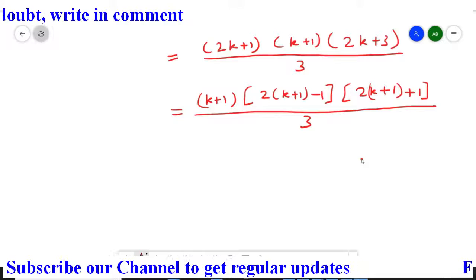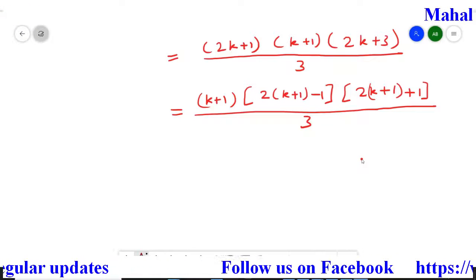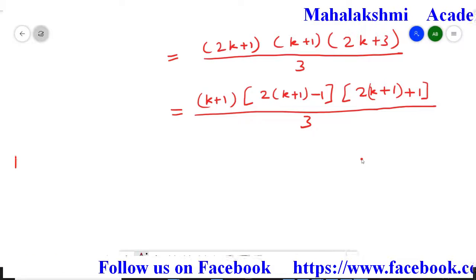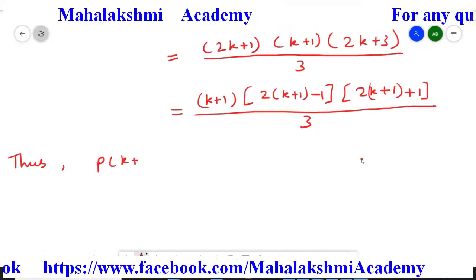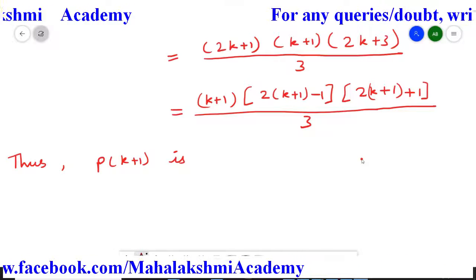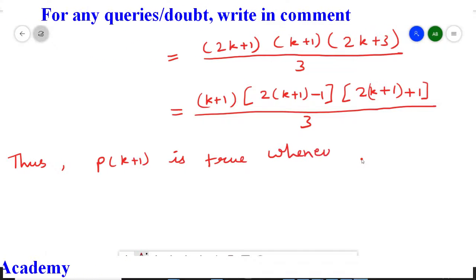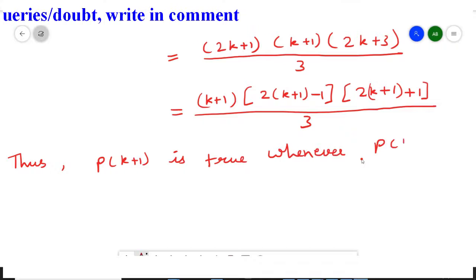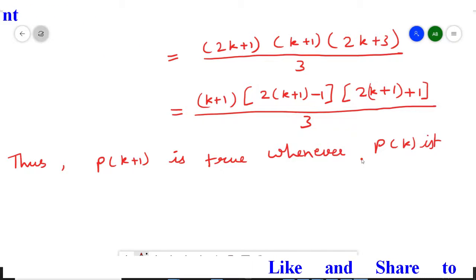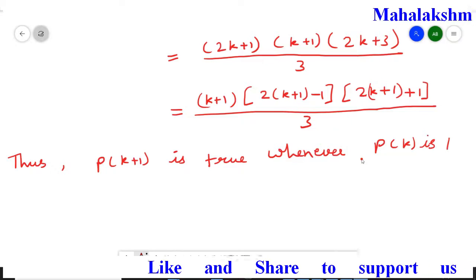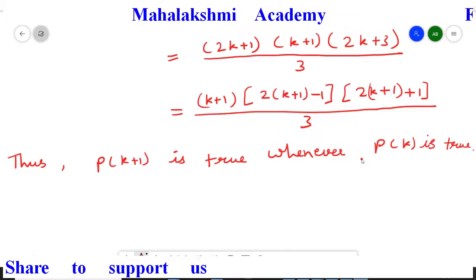So what we found is, with the help of the Pk statement, Pk plus 1 we have proved, that's why we have to write down: thus Pk plus 1 is true whenever Pk is true. So all three conditions are satisfied.